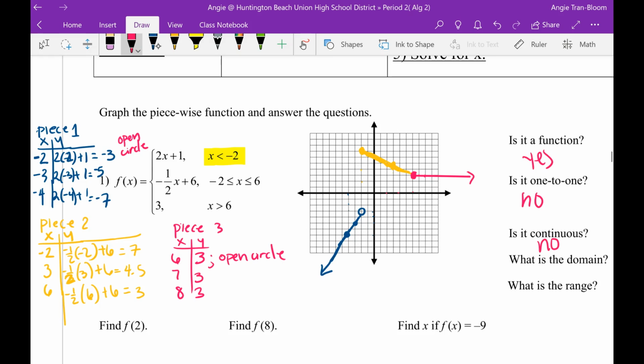Okay, now let's talk about the domain. The domain is describing all x's. You always want to start on the negative side. Will you have -1,000, -1,000,000 x over here at some point? How do you know?